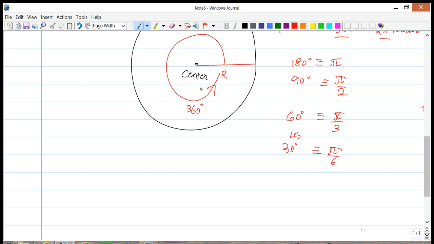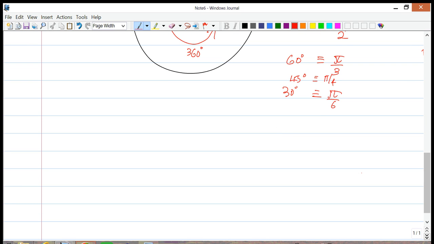Somewhere in between, 45 degrees corresponds to pi over 4. Of course, you can figure out all these values from the circle itself. It's always a good exercise to do this, and once you do it once, you'll remember it. Great.